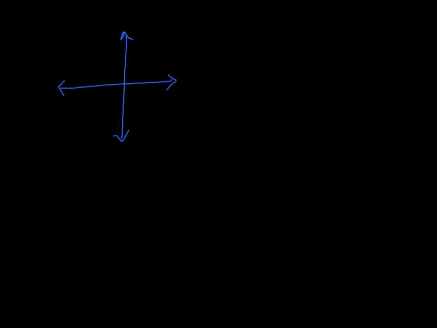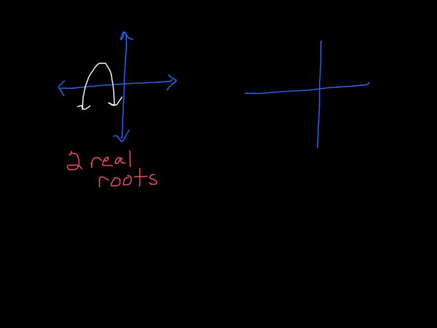When the discriminant is positive, greater than 0, and there are 2 roots, it's crossing the x-axis in 2 places. When the parabola simply touches the x-axis, it sits on it, but it doesn't cross it, then there's only 1 real root.